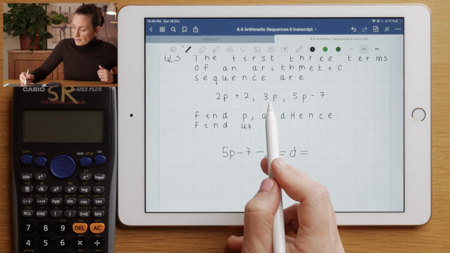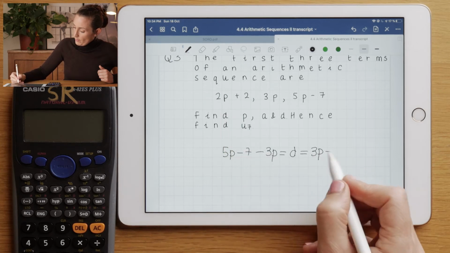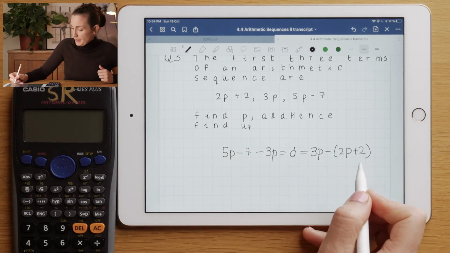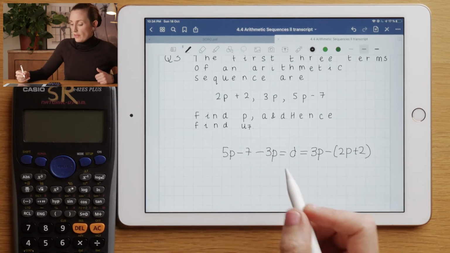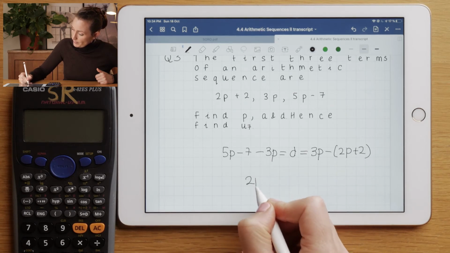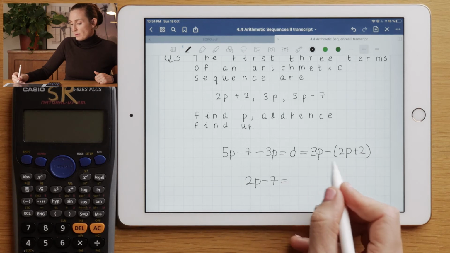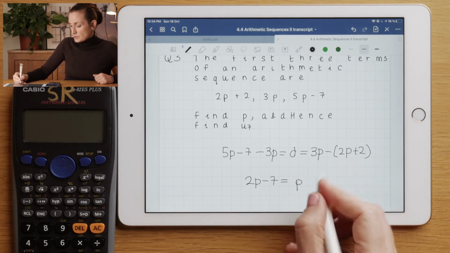But you can do that here as well. So the term in front being 3p, take away the term behind, should also be equal to d. So these two equations should be equal to each other. 5p take away 3p will be 2p minus 7 is equal to d, but 3p take away 2p will be p minus 2.